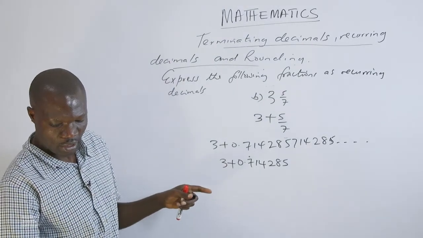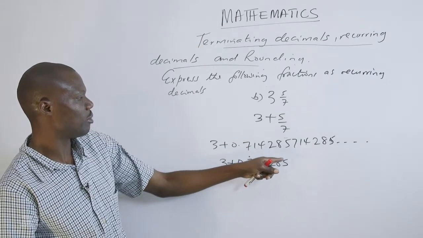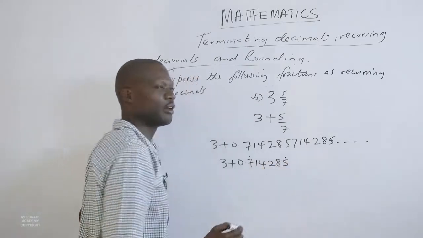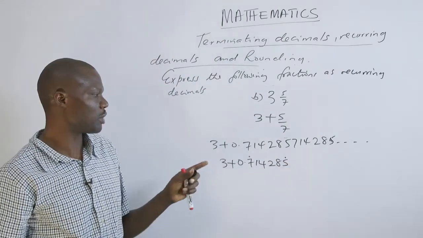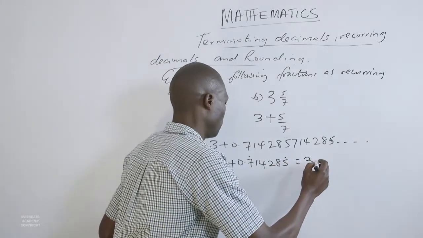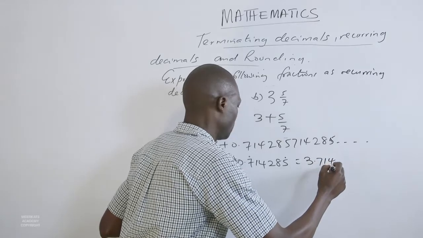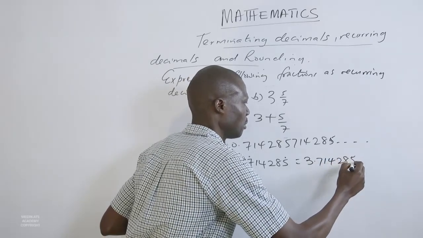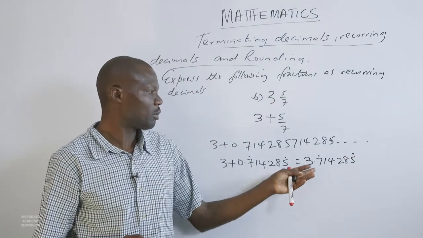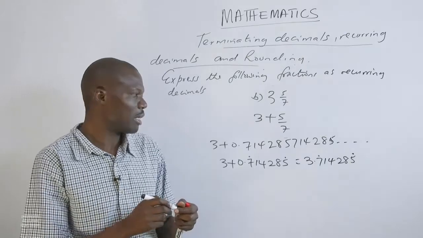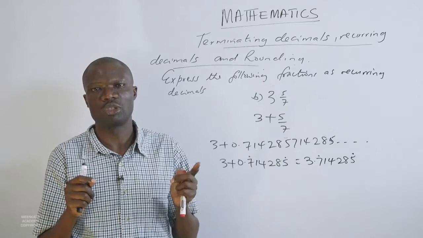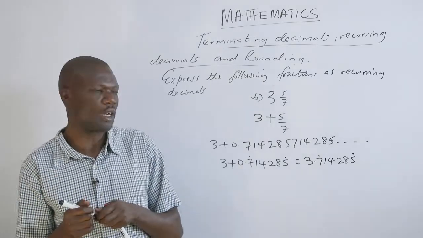And then the last digit to recur before we start recurring is 5, so you'll have a 5 there. Above 5, we shall have a dot. So when you add this, you find it is 3.714285, but above 7 and above 8, we have dots to show that this decimal is recurring.